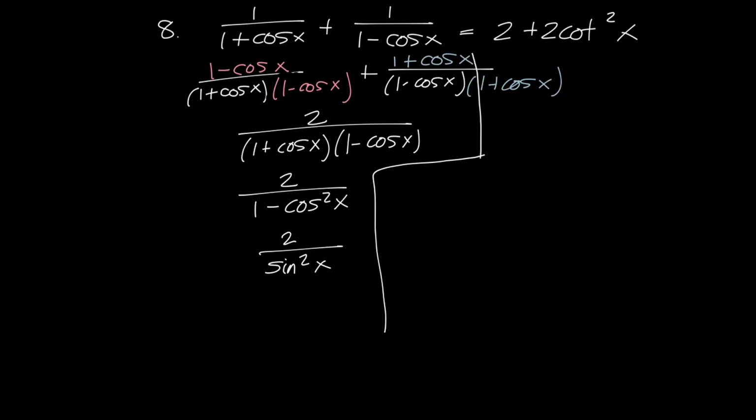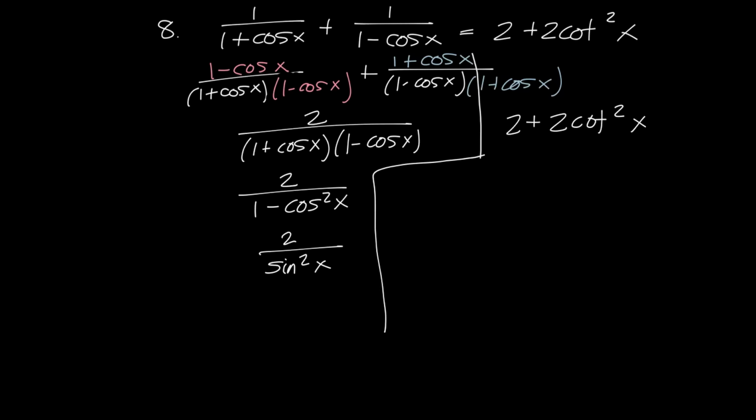And so we are now working on the right-hand side. Remember, the two sides can never interact, but it is okay to pause, stop working on one side, and start working on the other side, as long as you're not doing anything to both sides at the same time. Okay, so the right-hand side is 2 plus cotangent squared x.